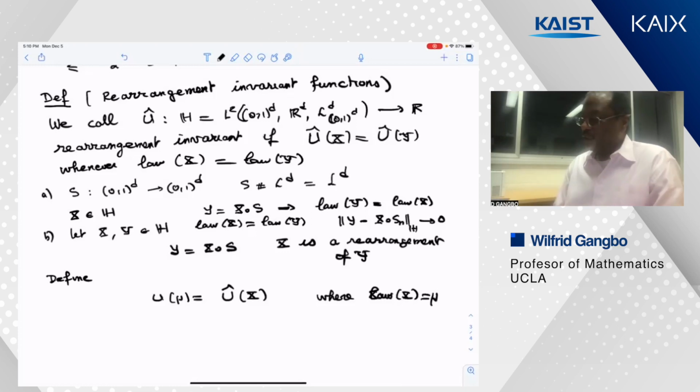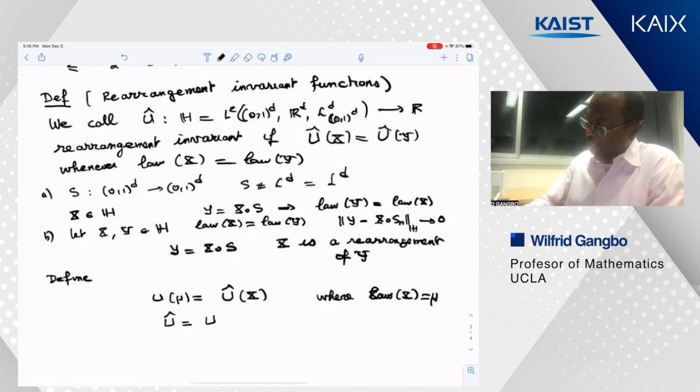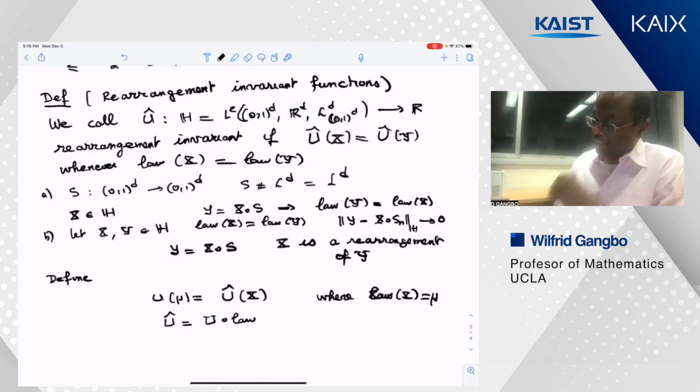And this function is well defined because U hat depends only on the law of X. So in other words, U hat is rearrangement invariant, meaning there exists a function U such that U hat can be written as U composition the law of X.